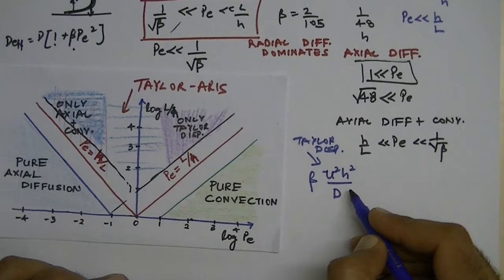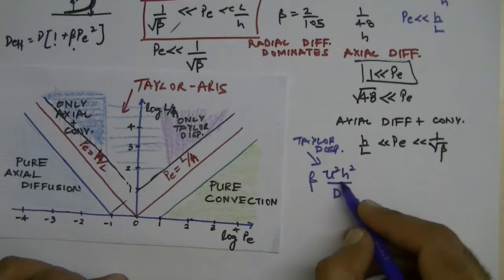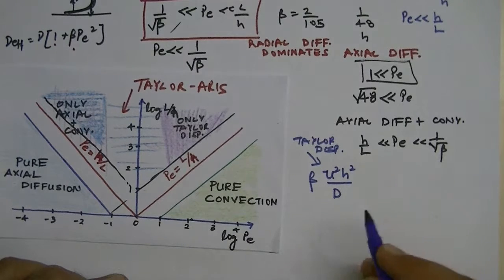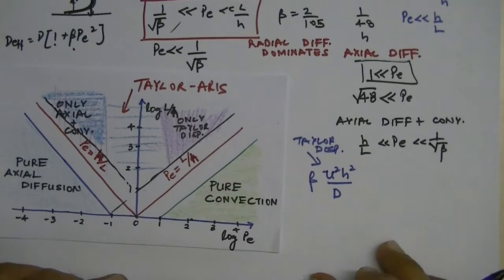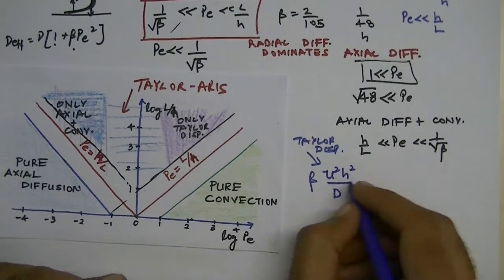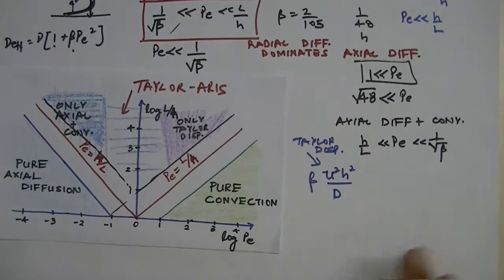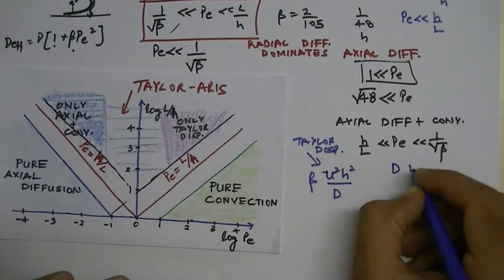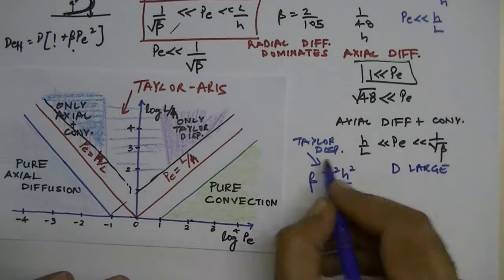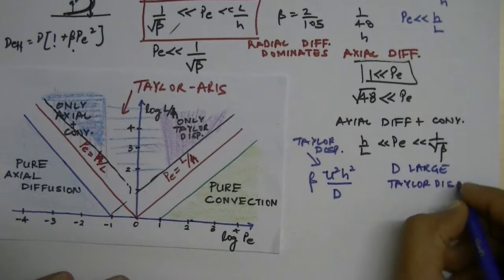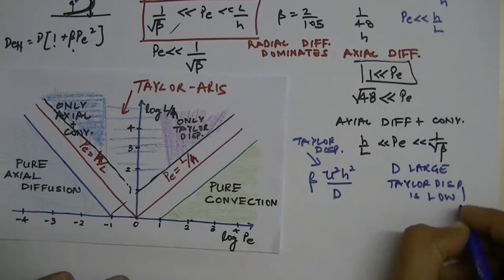But interestingly, this term says that if your diffusivity is higher, so if D is large, then your Taylor dispersion is low.